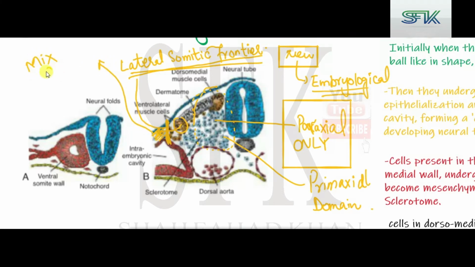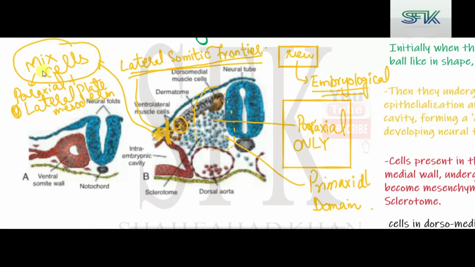It contains cells from the paraxial mesoderm, which have migrated from the ventrolateral myotome, and it also contains cells from the lateral plate mesoderm itself, the somatic layer. So this region containing the mixed population of cells is known as the abaxial domain.